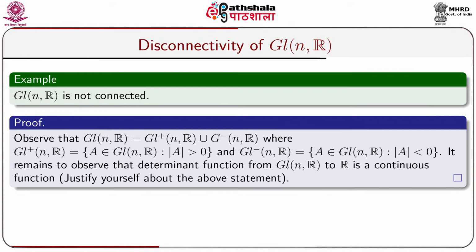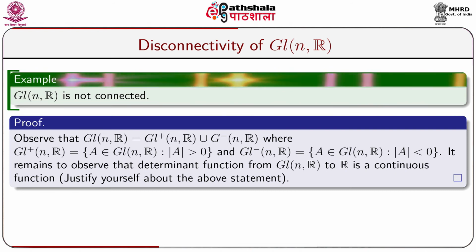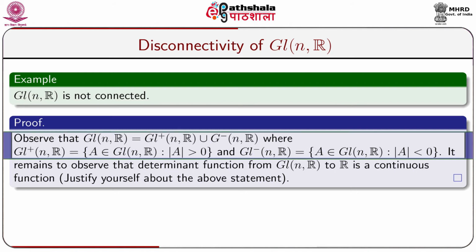Next, we shall prove first that GL(n, R) is disconnected. In fact, if we take the set of all matrices A in GL(n, R) whose determinants are less than 0, and the set of all matrices in GL(n, R) whose determinants are positive, then we get two different components of GL(n, R).